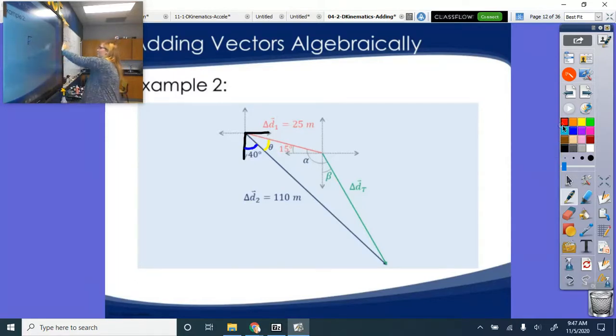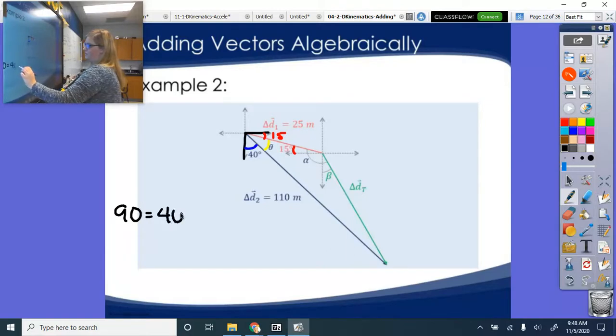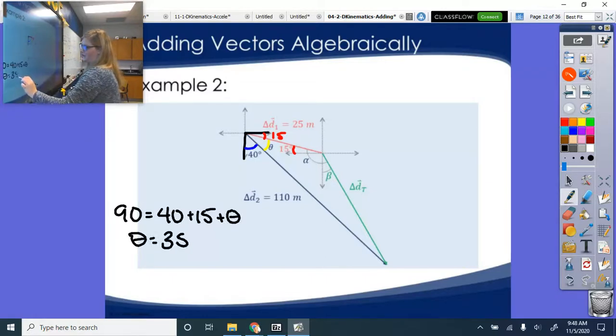Based on my alternate angles from parallel lines, I know that that angle right there is also going to be 15 degrees. So this is the easiest math I can do right now. I'm going to take 90 degrees, from that compass rose angle, is equal to 40 plus 15 plus my theta. I solve that and get that theta equals 35 degrees.